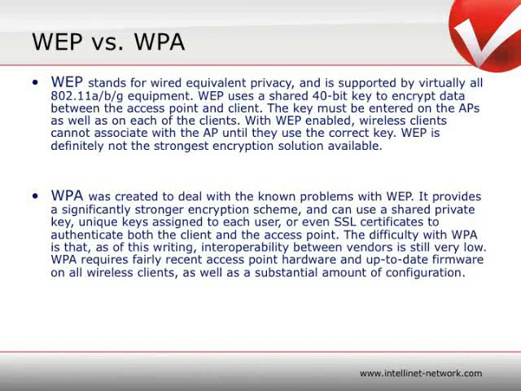The key must be entered on all access points as well as on each of the clients that connect to that access point. With WEP enabled, wireless clients cannot associate with the AP until they use the correct key. However, WEP is definitely not the strongest encryption solution available. It can easily be hacked or entered by an unscrupulous person.